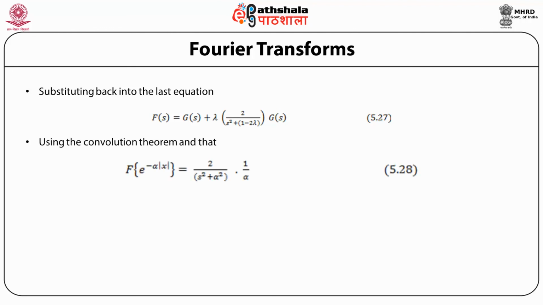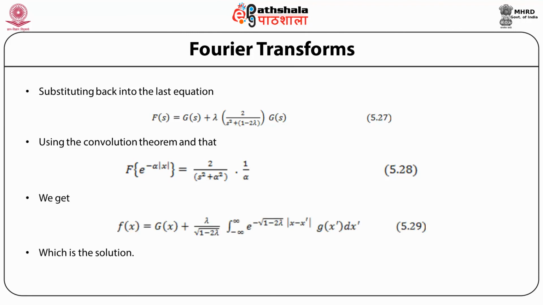Now using the convolution theorem and the fact that the Fourier transform of exponential minus alpha mod x is equal to 1 upon alpha into 2 upon s square plus alpha square, we get f of x is equal to g of x plus lambda upon under root 1 minus 2 lambda integral minus infinity to infinity exponential minus under root of 1 minus 2 lambda mod x minus x prime, g of x prime dx prime.